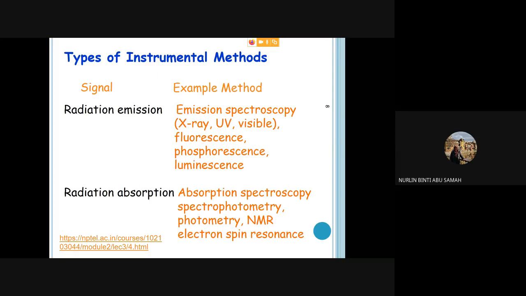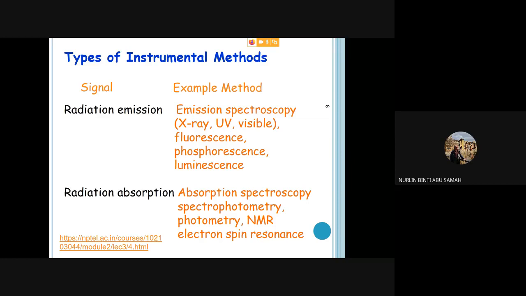The types of spectroscopy are like X-ray, UV-Vis. Other than that, like fluorescence, phosphorescence, luminescence, which give you a glow in the dark color, like it gives you something that emits light from the sample.